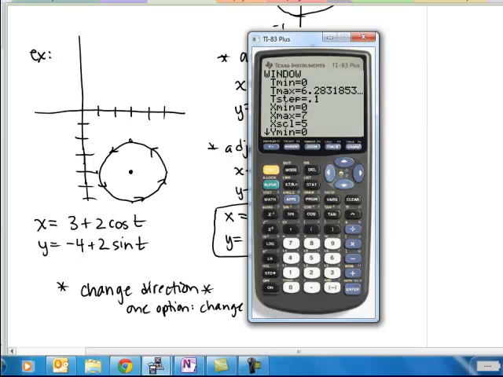And y's, X scale we'll leave as 1. Y's we want to have lower. I'll do negative 7 to 1, something like that. Let's take a look.